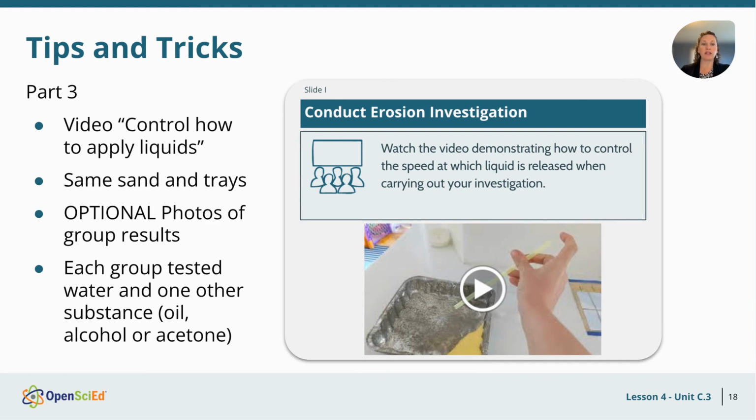I also had them use a second tray where they tested just one of the other liquids: oil, alcohol, or acetone. After they uploaded their pictures into the Google slide deck, I rearranged the slide deck and put all of the same type of liquid together to make it easier for us to do the gallery walk that's in part 5.